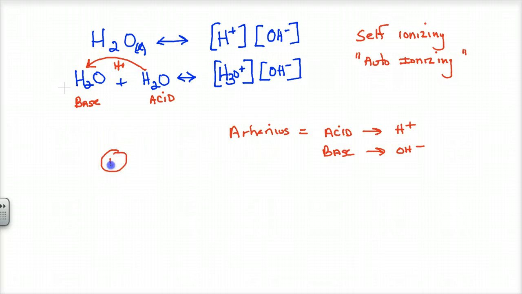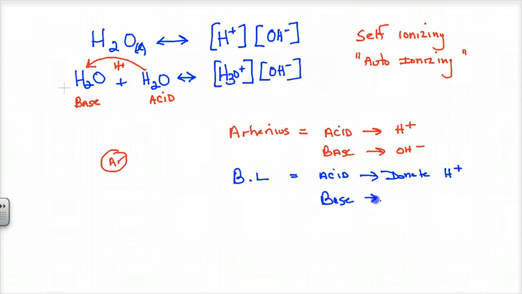Okay, I'll put AR here. Along came Bronsted-Lowry, and the Bronsted-Lowry definition said, to be an acid, I agree they produce H pluses in solution, but they do so because they donate protons, and bases accept protons.